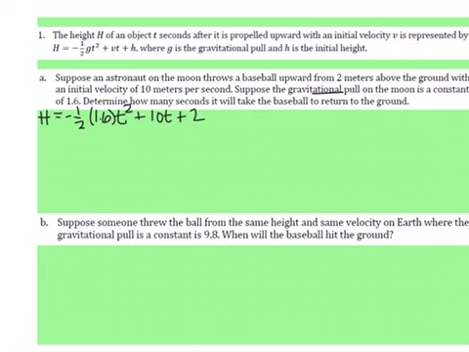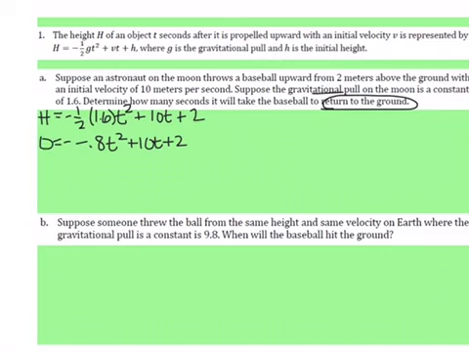So I'm going to do 1/2 times 1.6. So I'm going to get negative 1, I'm sorry, not negative 1/2, we're multiplying that. We're going to get negative 0.8 t squared plus 10t plus 2. And the question is asking, when is the baseball going to return to the ground? So I know my height is 0.